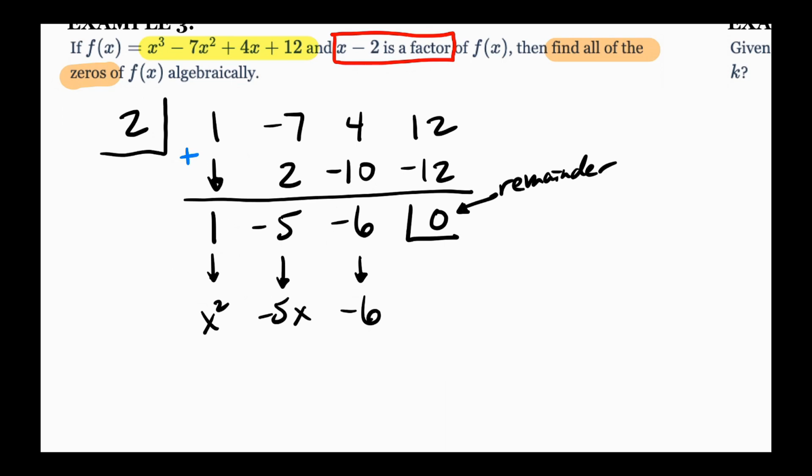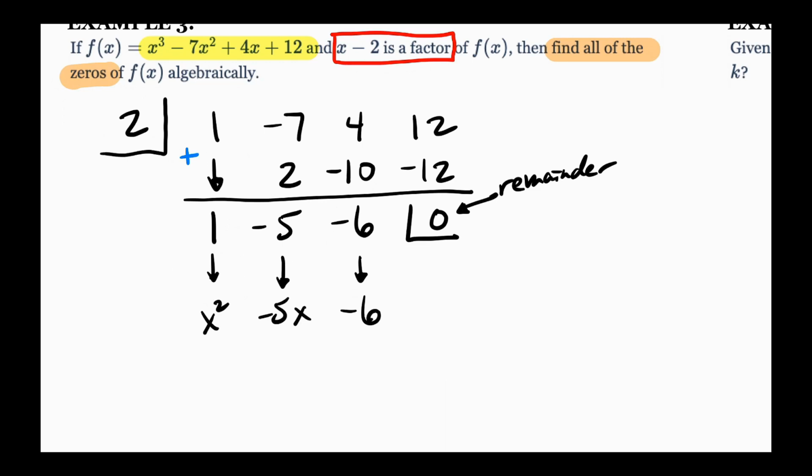Am I done? I was done last two problems. Am I done on this problem now? No, I haven't found zeros. Didn't say divide. There was nowhere in there that says divide. I just used division because I had to find the zeros.